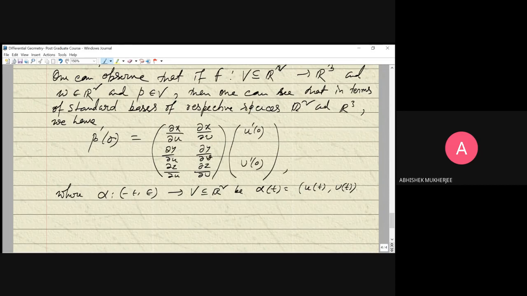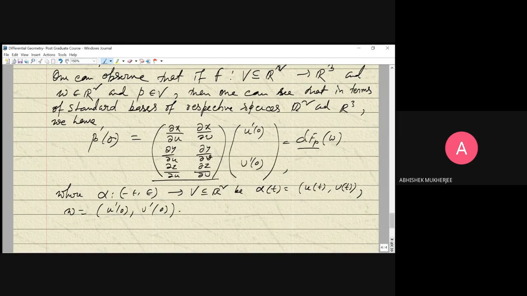And I think the other things you can check on your own. So this will be your dFp of W, where W is (u dash 0, v dash 0). Okay. So you see that this dFp is actually this matrix in terms of the partial derivatives.